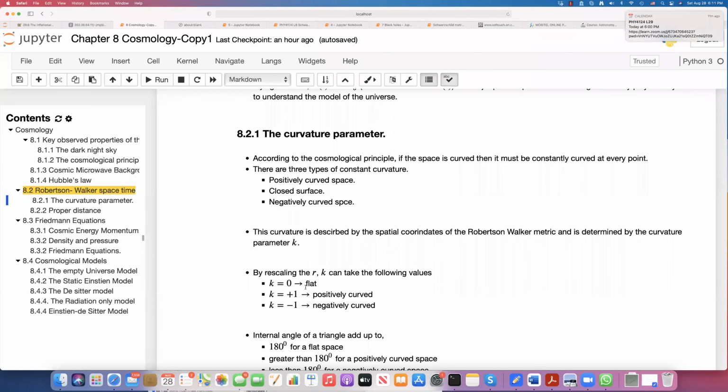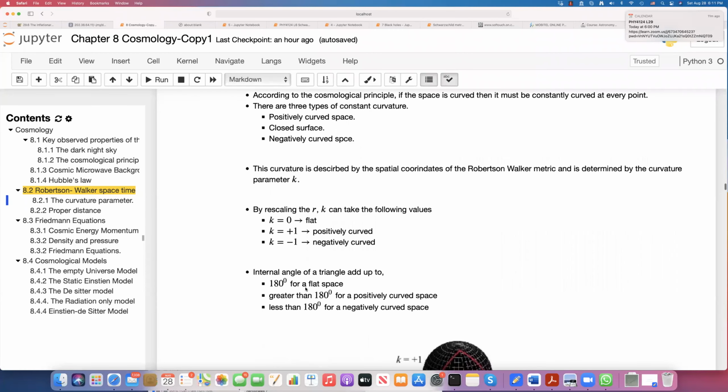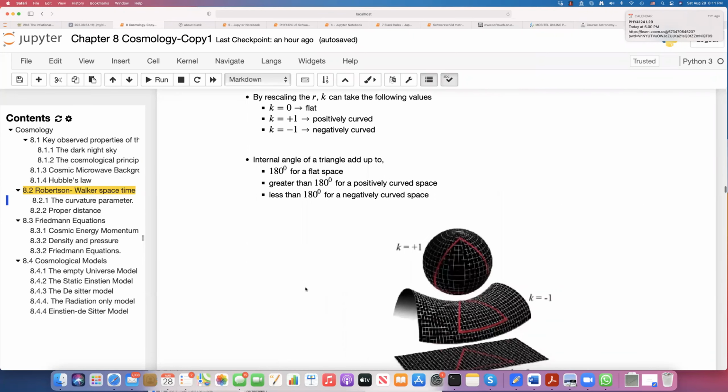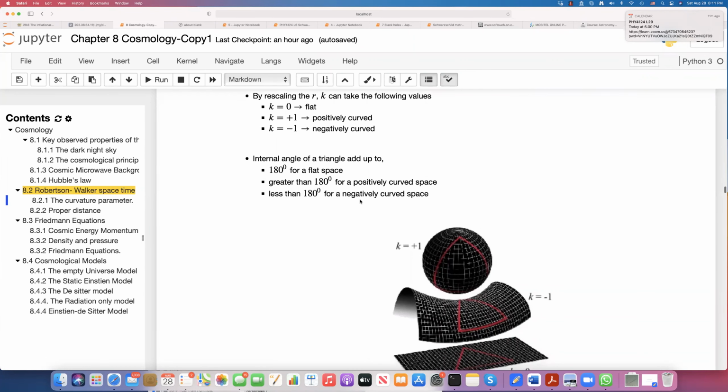So this was not in your note the previous time, so I added a diagram so that you can have a general idea what these three curvatures actually mean, right? So for the positively curved one, if you take the internal angles of a triangle, the angles will be greater than 180, right?